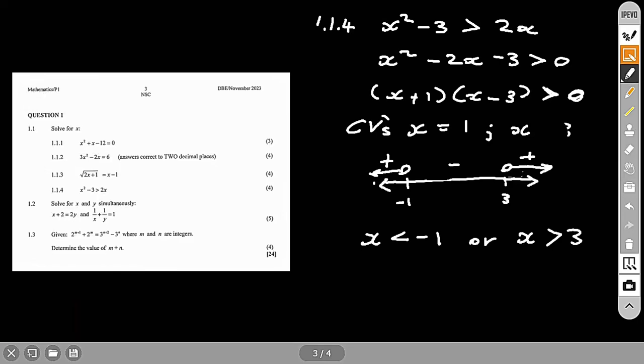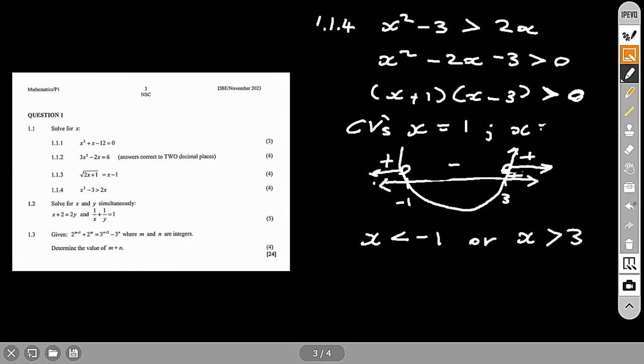This is the method I prefer, but others also use a parabola to illustrate this graph. But even if you didn't indicate it with a parabola, the way we did it is enough to get you full marks.